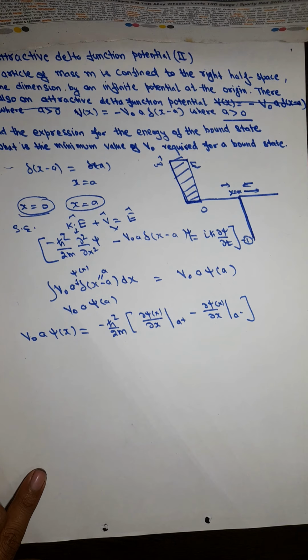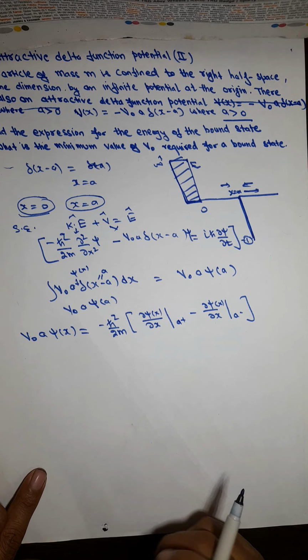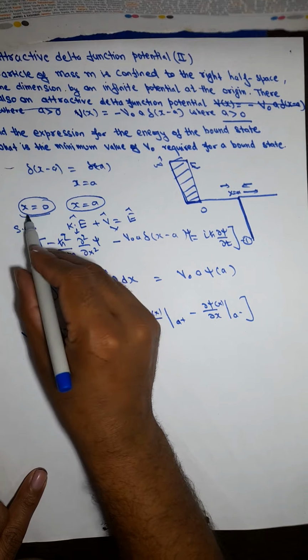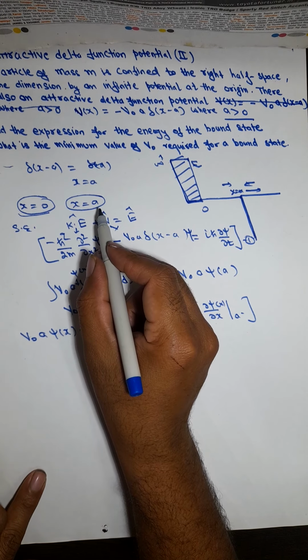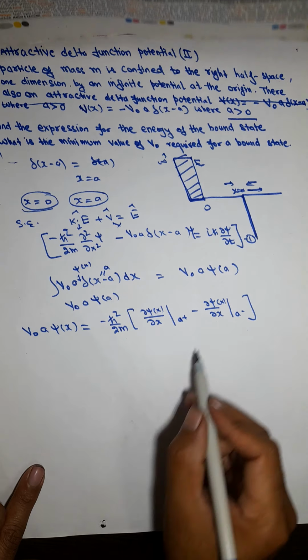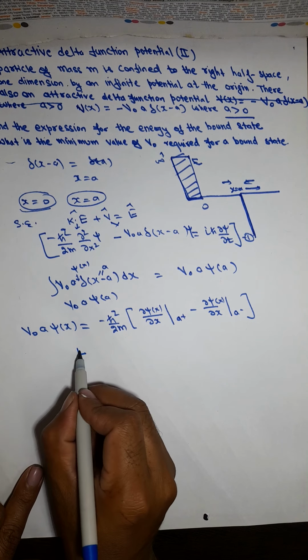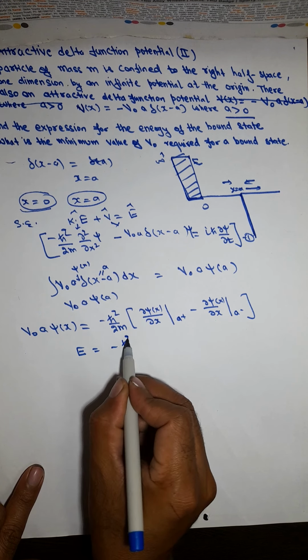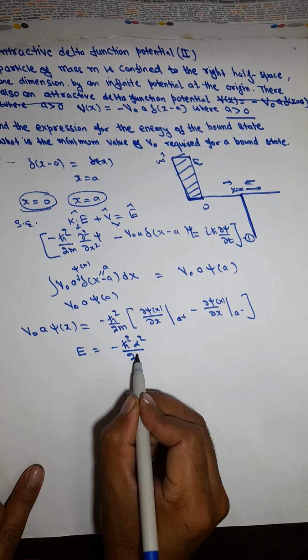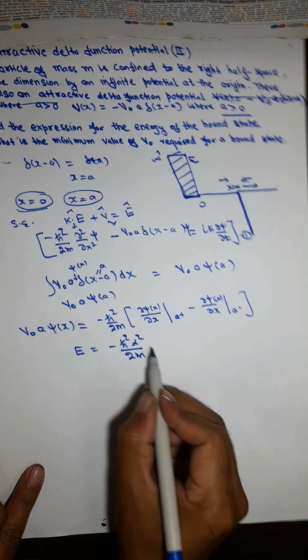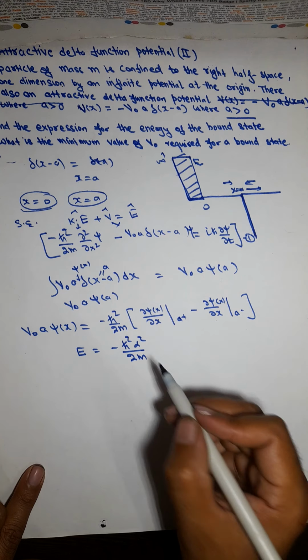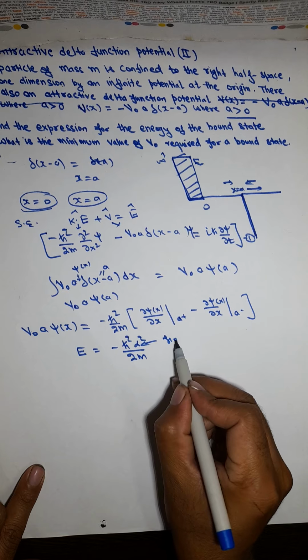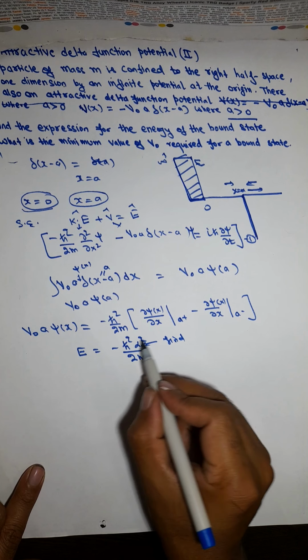Away from the points, we know that at x equal to 0 and a, it has a bound state energy, and the energy is like minus h-bar squared alpha squared divided by 2m. You mostly find energy the same way once you are dealing with a bound state. So here we need to find alpha, because we don't know alpha.